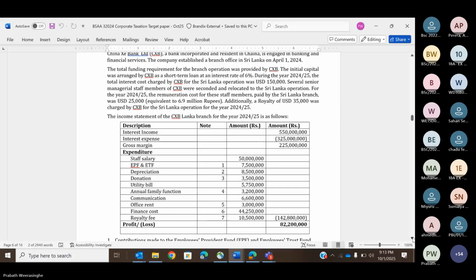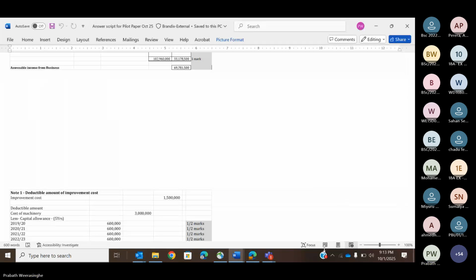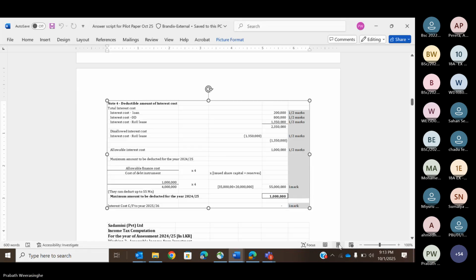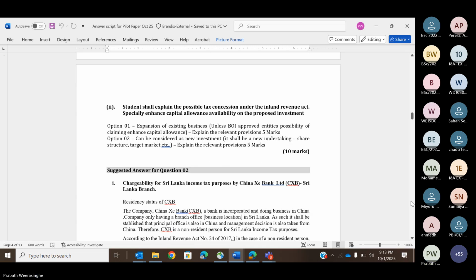Okay. So in this question also the same thing. I will show you, I recommend you to use this structure. I have just mentioned how the marks should be given.